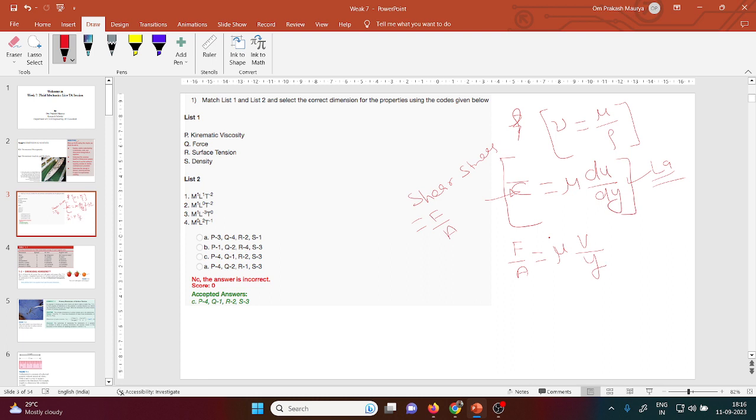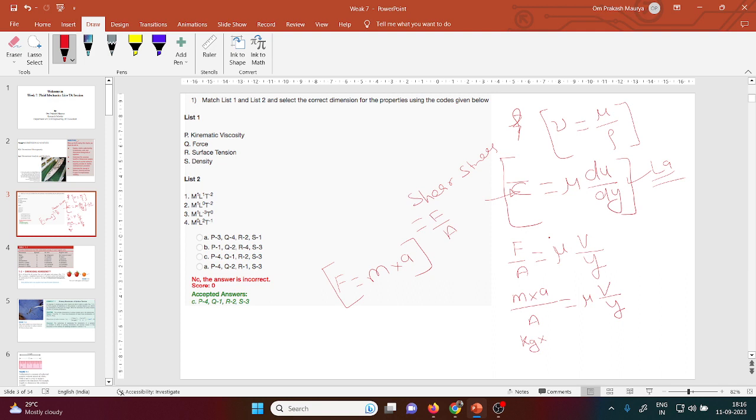Force is equal to mass into acceleration, from Newton's second law. So m into a divided by area is equal to mu times velocity over y. For m we need to write kg.